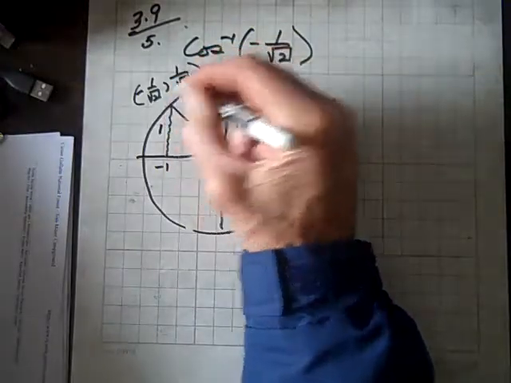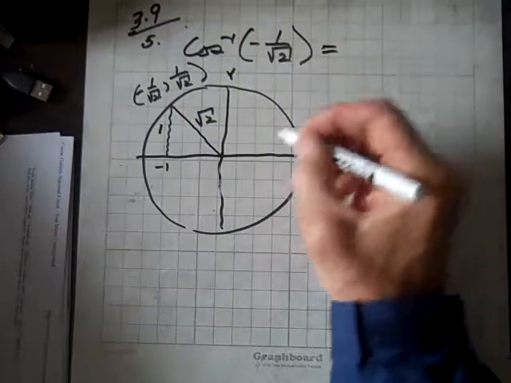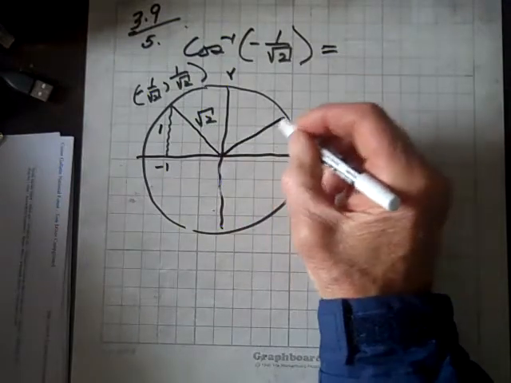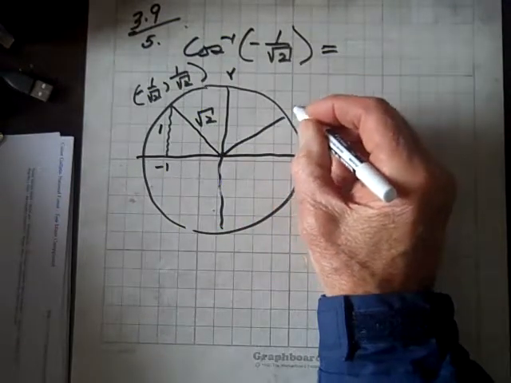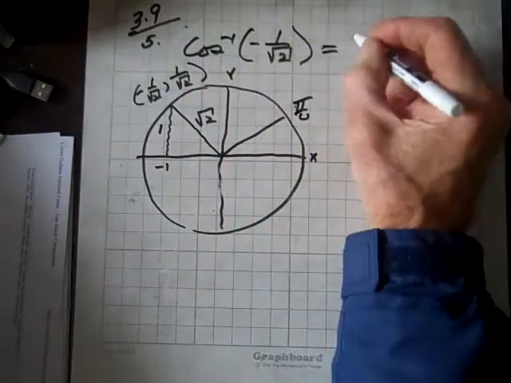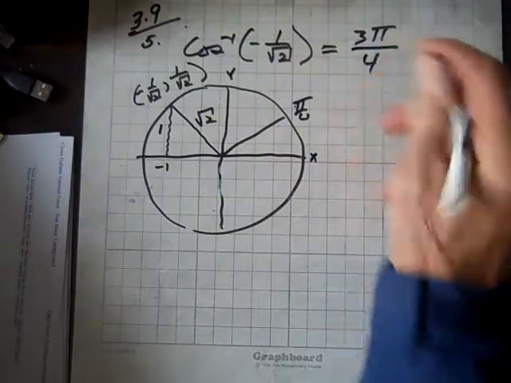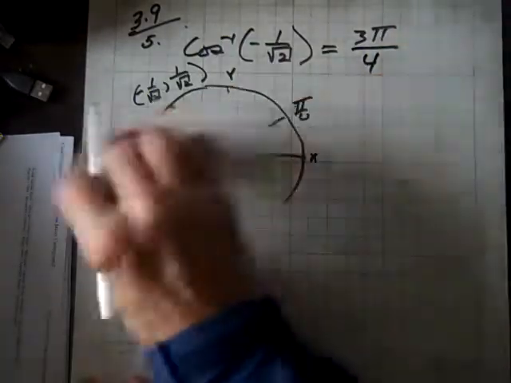And so those are the points that correspond to the angle. Let's see, the reference angle is pi over 4, 2 pi over 4, 3 pi over 4. Now let's go on and do part C.